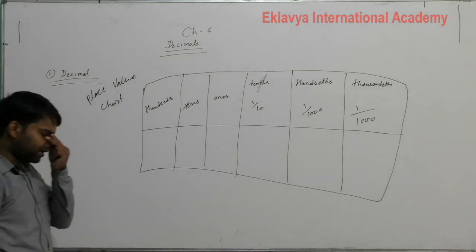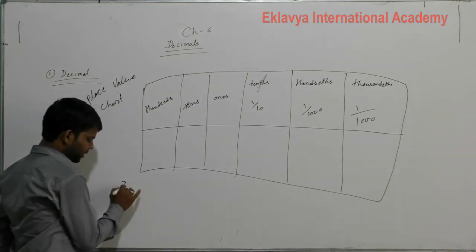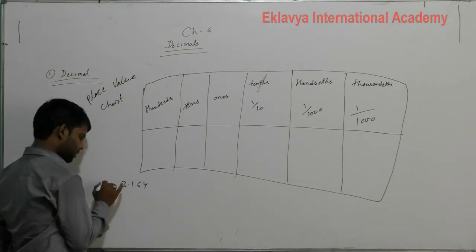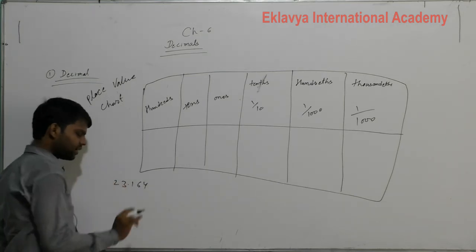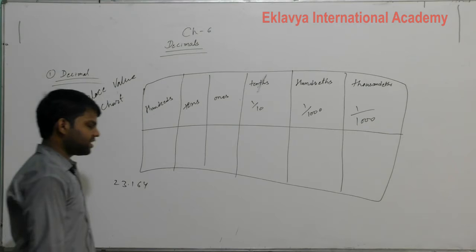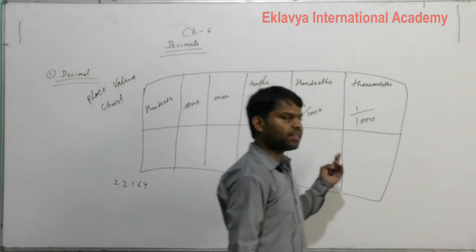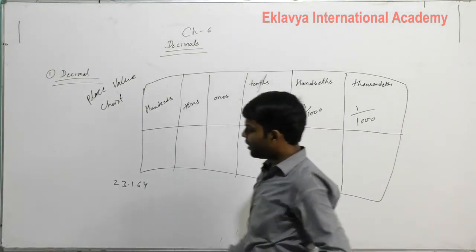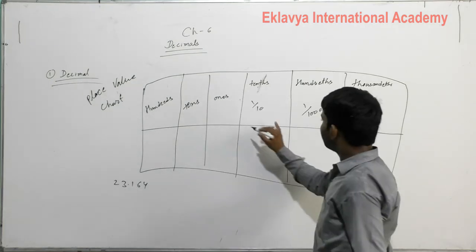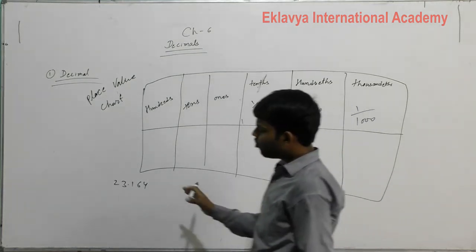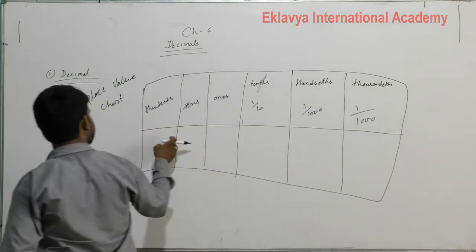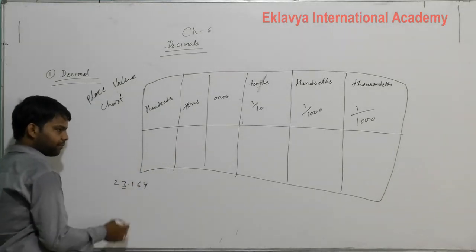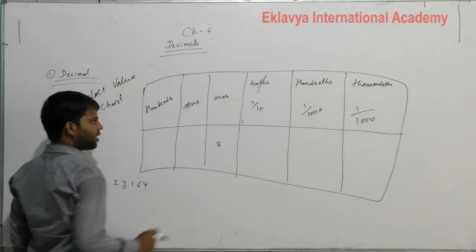So if our number is given like 23.164, we want to write this number into the place value chart. After the decimal we write from here, and before the decimal we write these numbers in this block. So at ones place the number is 3.